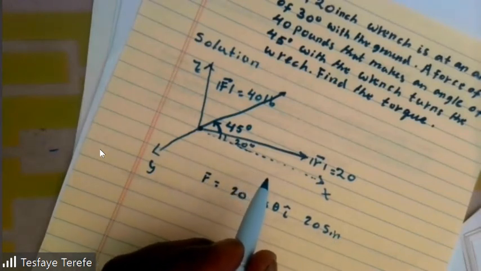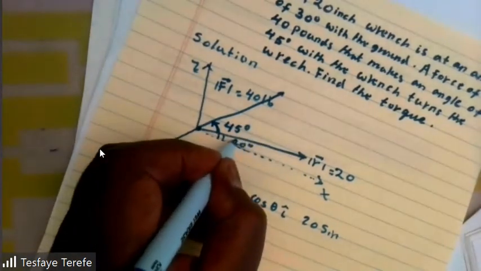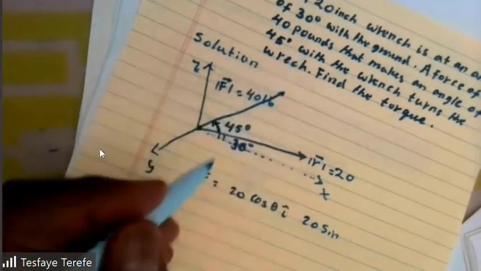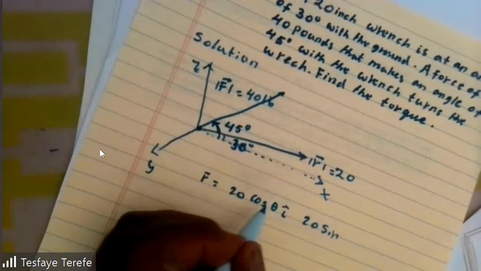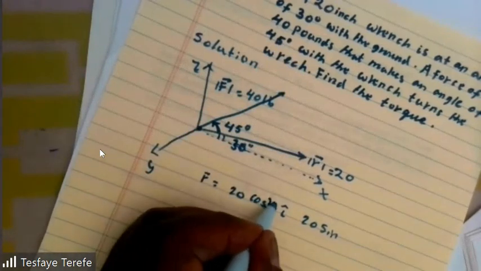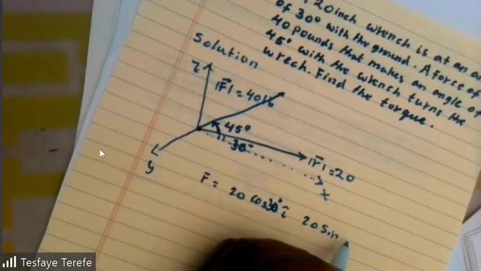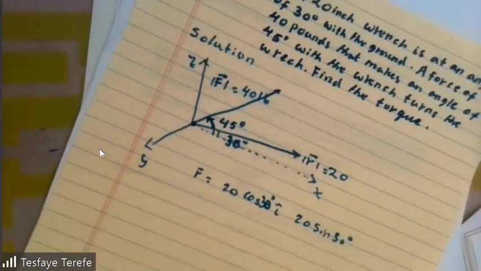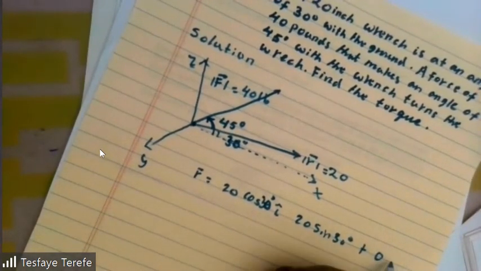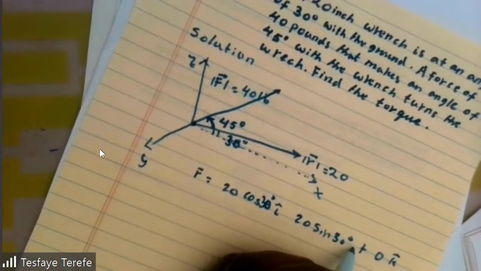I make it 20 in both. Okay, a 30-degree angle, by the way, here. I'm sorry, theta means a 30-degree angle. So 20 times sine of 30 degrees j, plus the z component is going to be 0 k. Is it clear, guys?